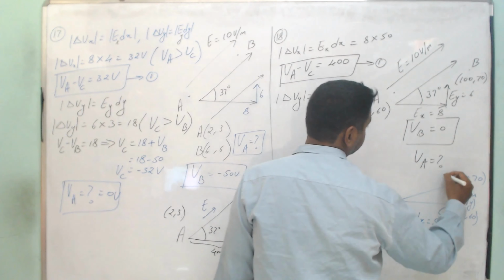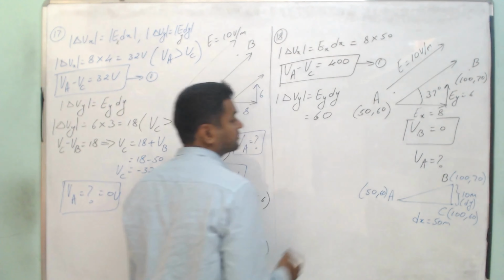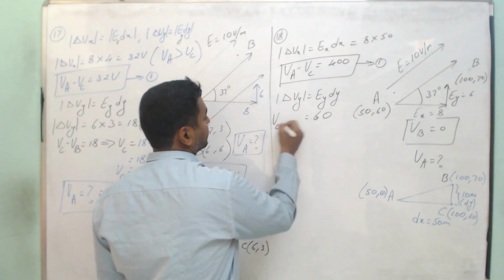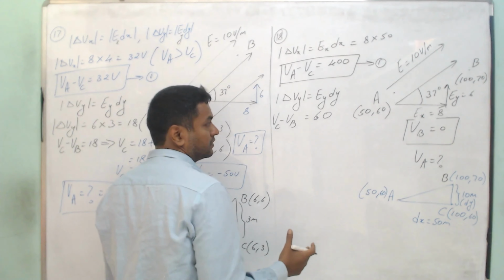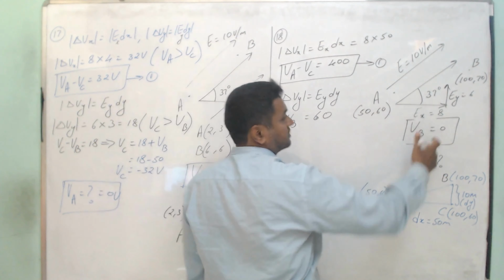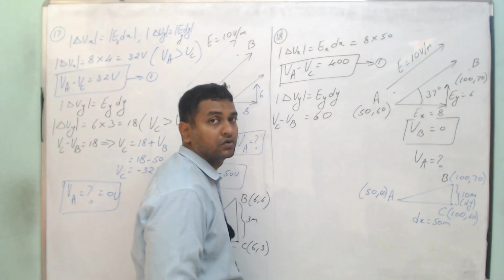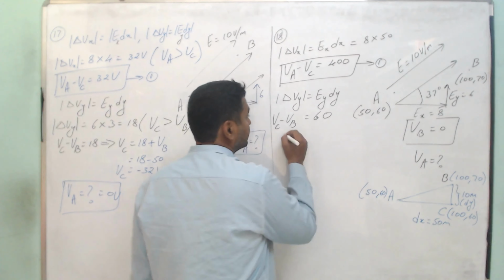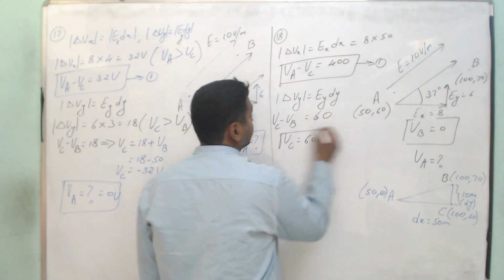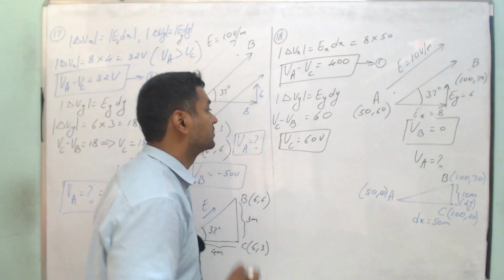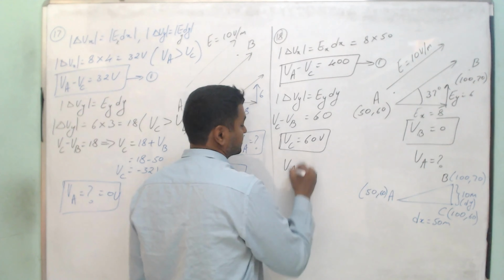Vc is greater than Vb. So here we'll write Vc minus Vb is equal to 60. It is given that Vb is 0, so Vc is 60. Using this value in the first equation, Va is equal to 460 volts.